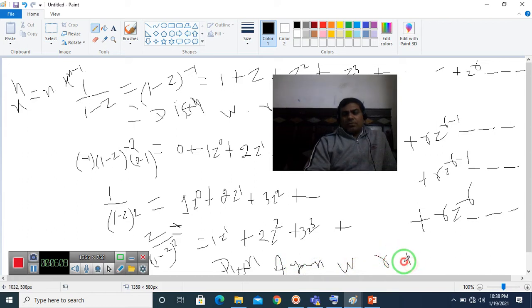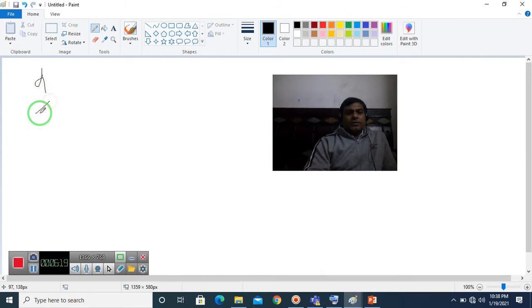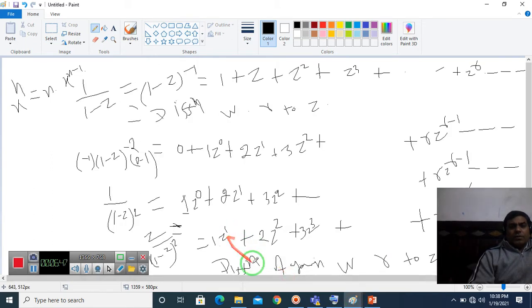It becomes d by dz of z into 1 minus z to the power minus 2, equals the differentiation of the series, which is 1 square, 2 square, 3 square.